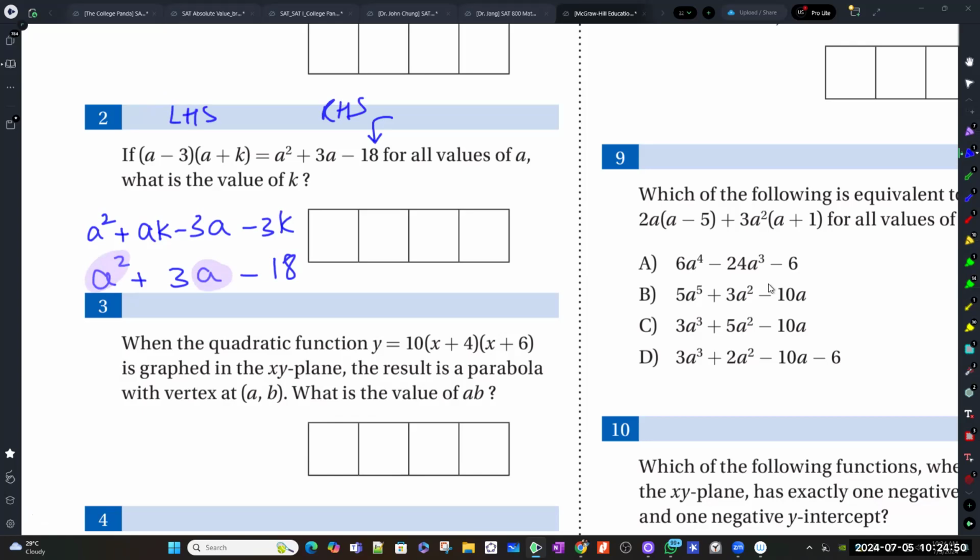So you have 1 in the expansion above, and you have 1 in the expansion on the right-hand side, the one at the bottom. The quickest comparison is with the coefficients that don't have an a. The minus 3k equals negative 18. So minus 3k equals minus 18, and k comes out as 6. Khadija, you got this?